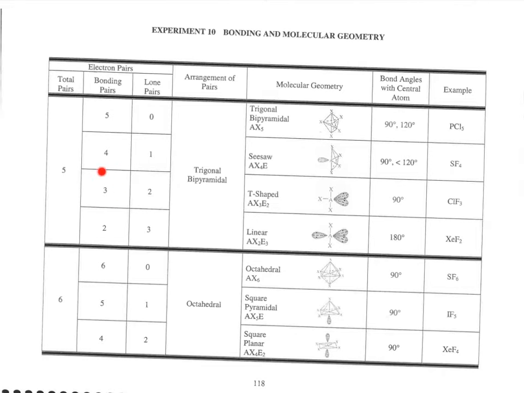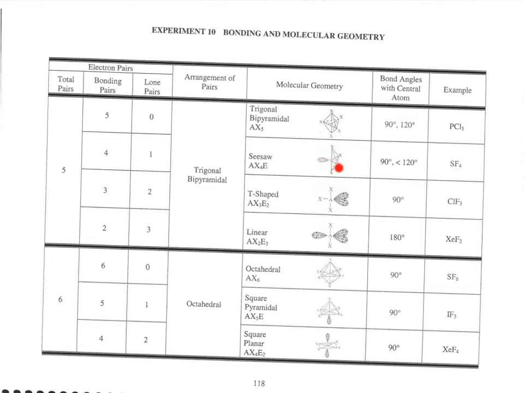If we have 3 bonding pairs and 2 lone pairs, it turns out it's less crowded if we put the 2 lone pairs in the plane like this and push the 3 bonds toward that direction. If you put a lone pair here, the angle between the lone pairs is 90 degrees, which is too close.